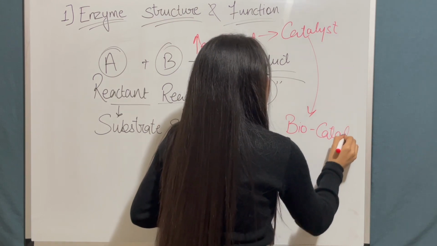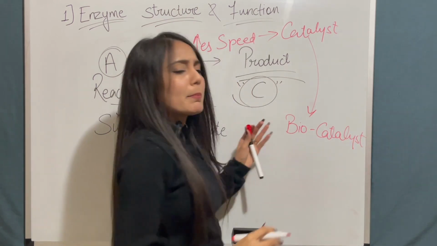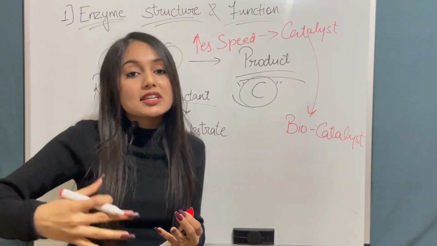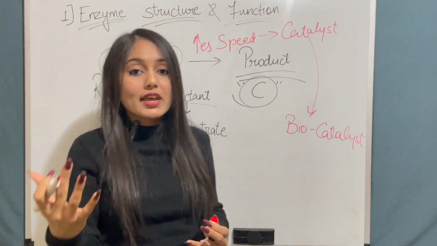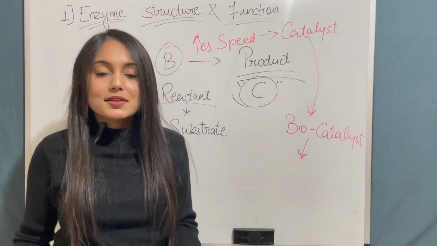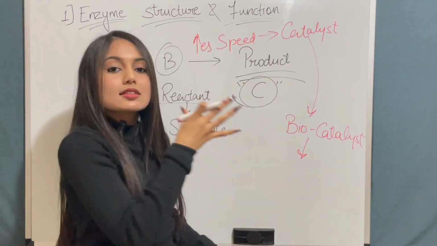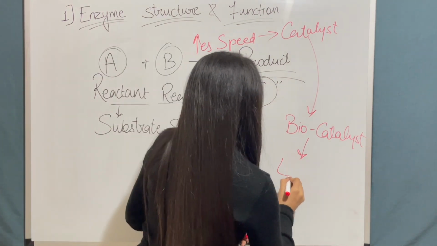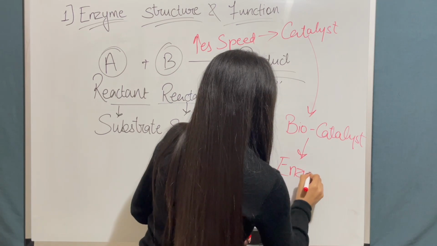Biocatalyst meaning, bio means something that is living and catalyst is something that increases or enhances the speed of any reaction. But why are we talking about this catalyst? Because this catalyst is the enzyme. Yes, this catalyst is also called enzyme.